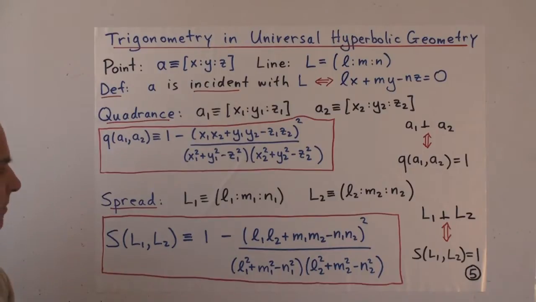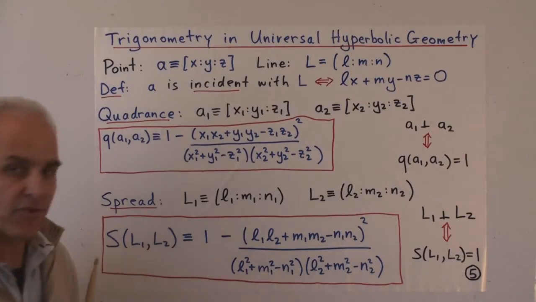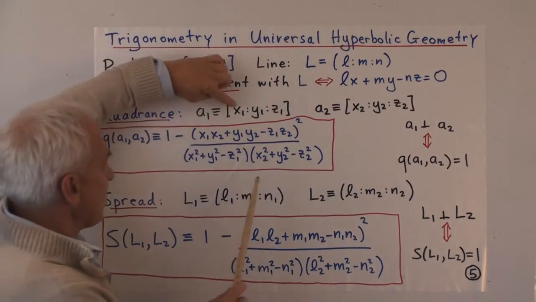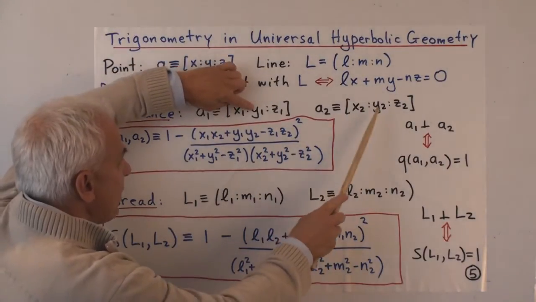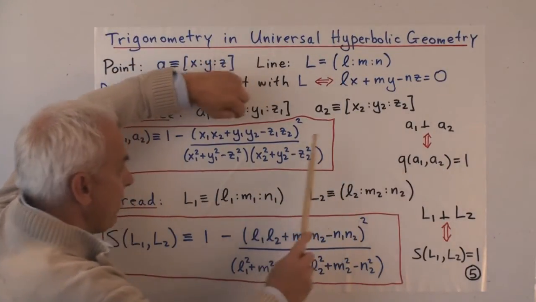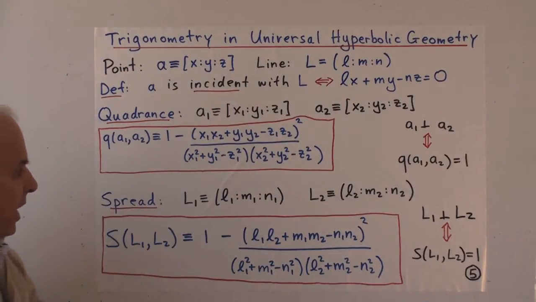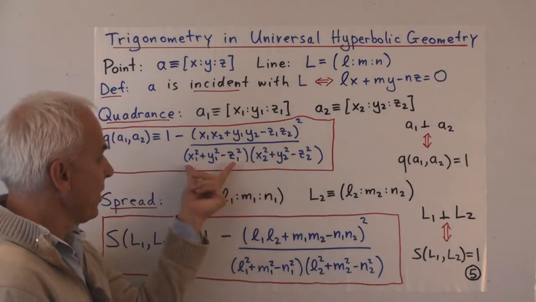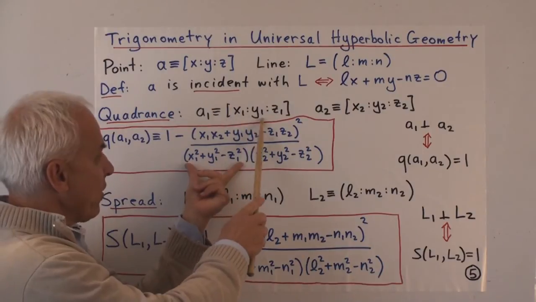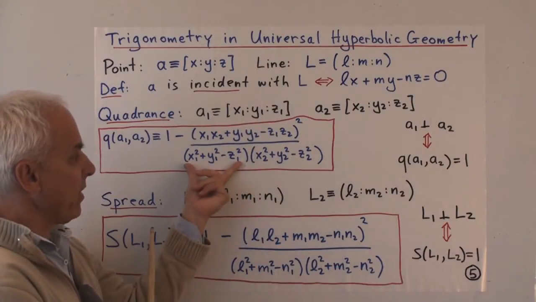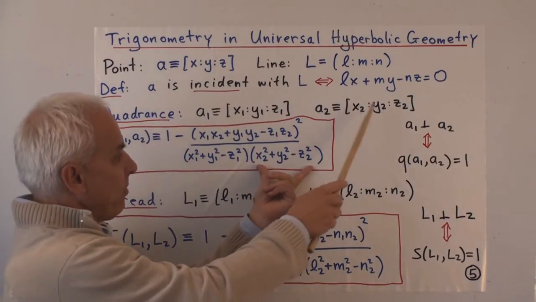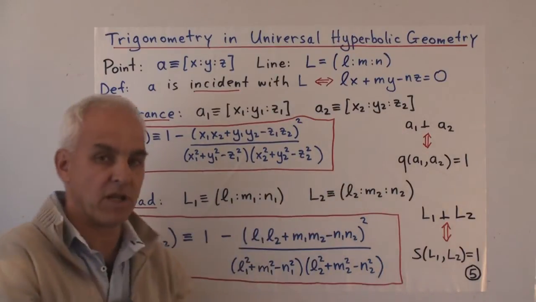Let's have a look. 1 minus (x1 times x2 plus y1 times y2 minus z1 times z2) all squared in the numerator. In the denominator, two terms, x1 squared plus y1 squared minus z1 squared coming from there, and x2 squared plus y2 squared minus z2 squared coming from there.